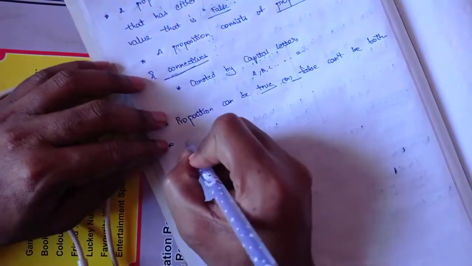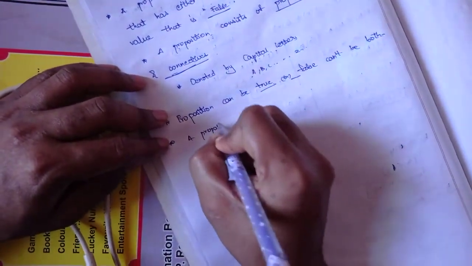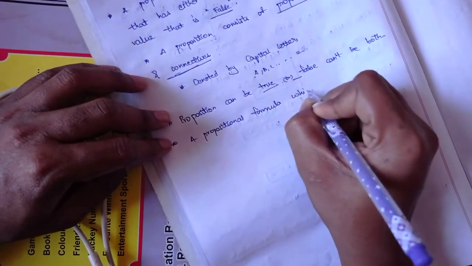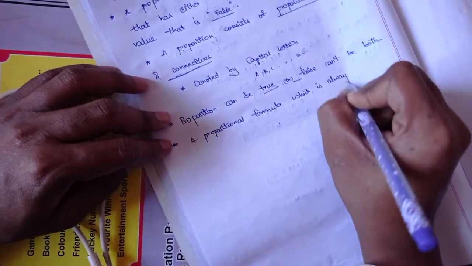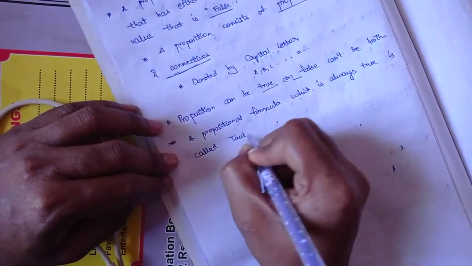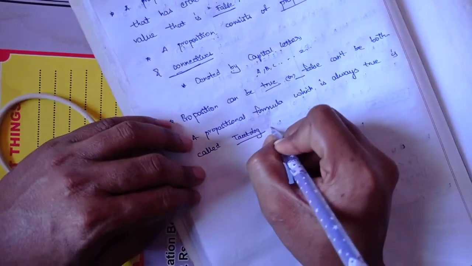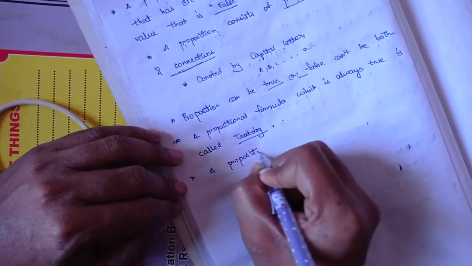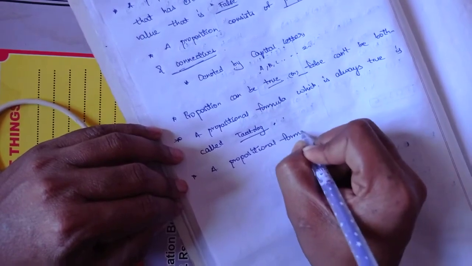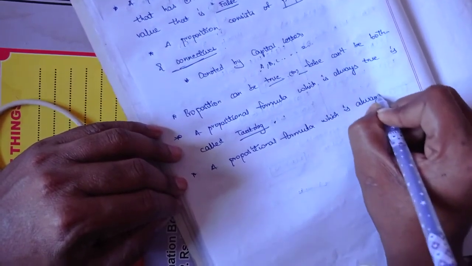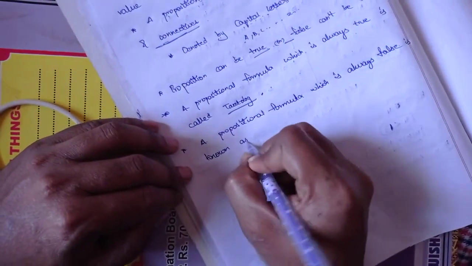So let me make those points also. A propositional formula which is always true is called a tautology, and a propositional formula which is always false is known as a contradiction, right?